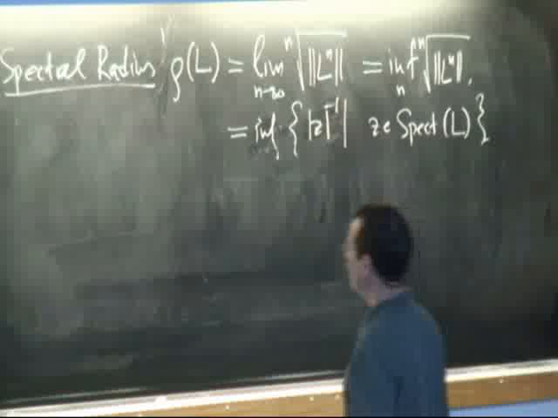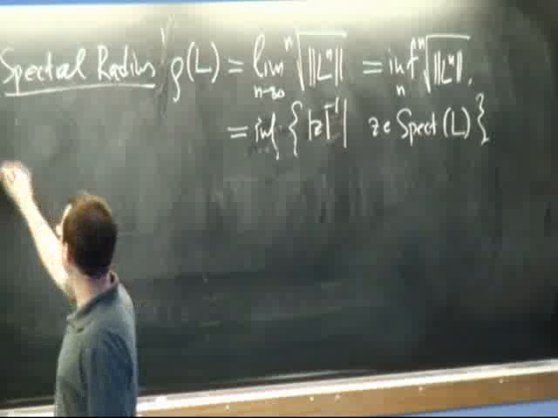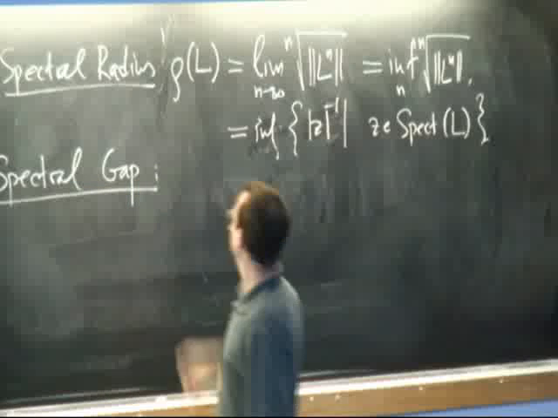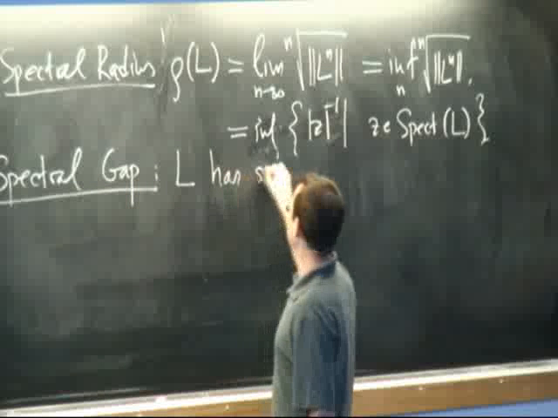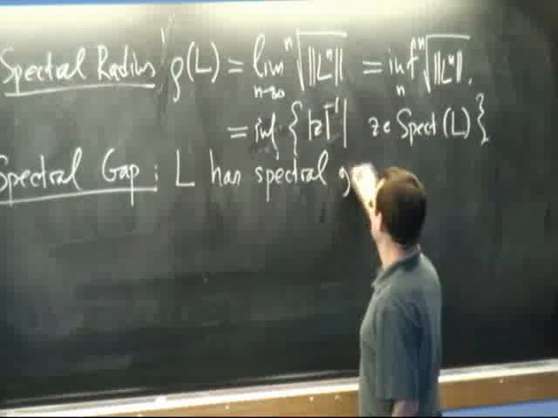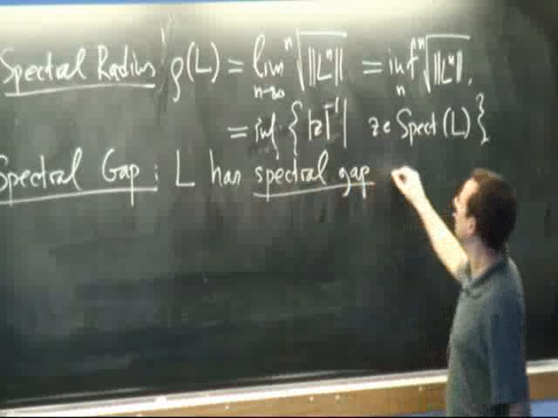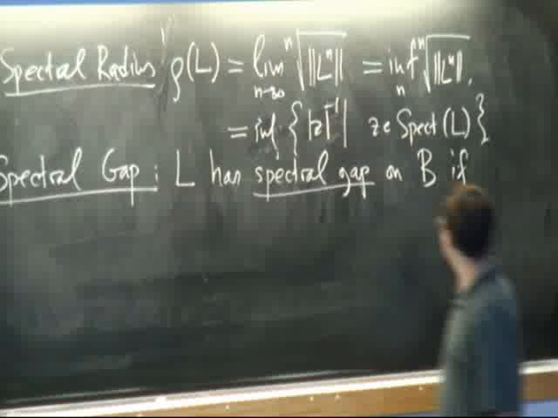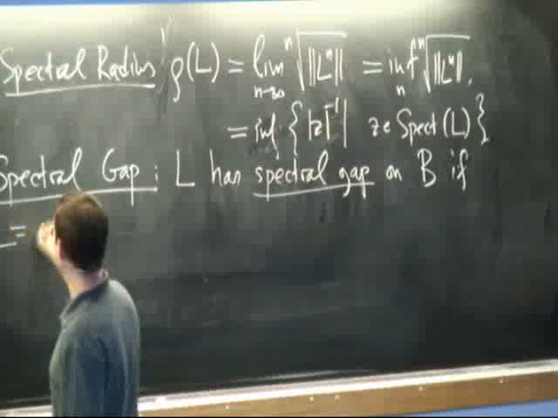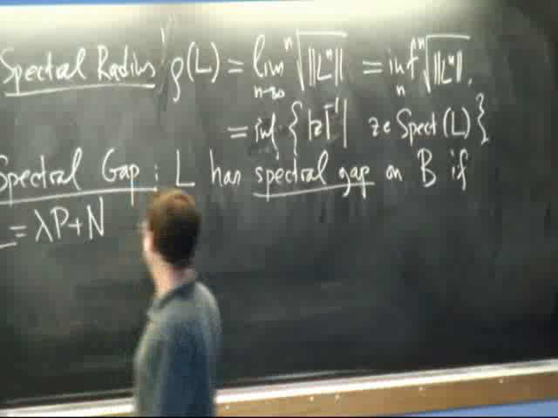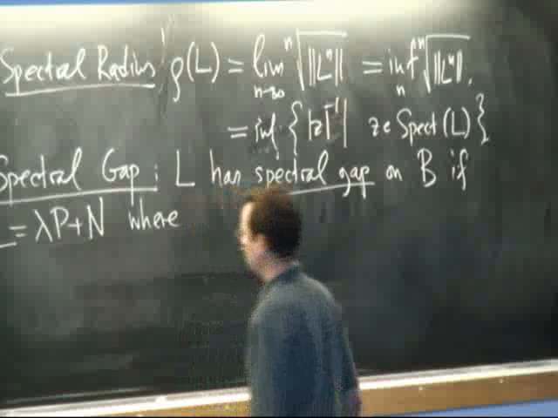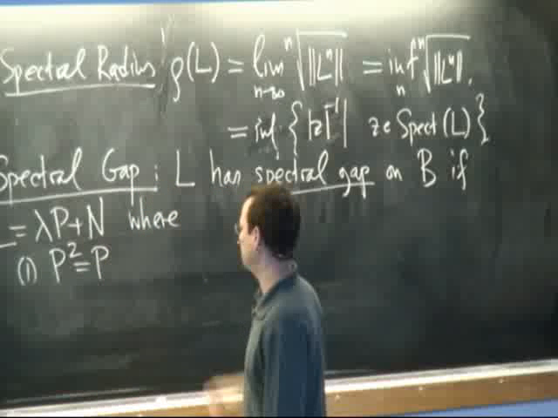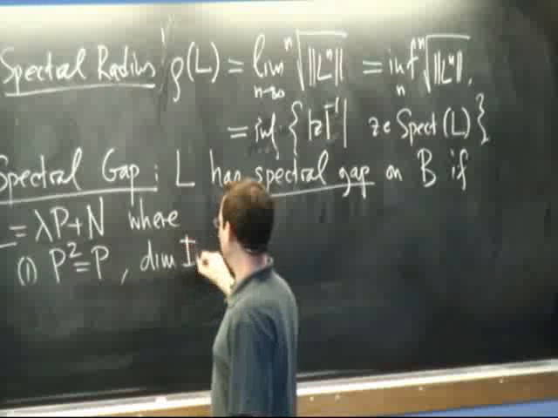Okay, so now I come to the definition, which is spectral gap. We say that L has spectral gap on a Banach space B if you can write L in the form L is lambda P plus N, where P is a projection, P squared equals P, and the dimension of the image is 1.